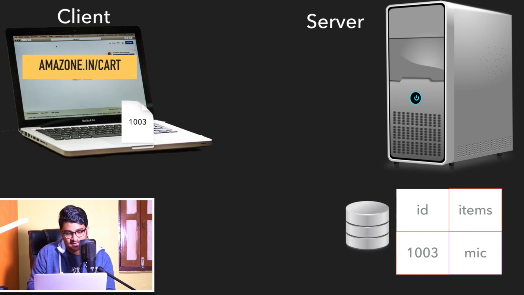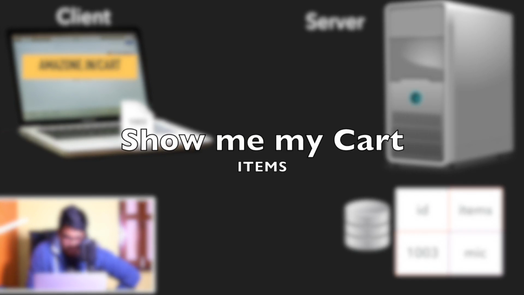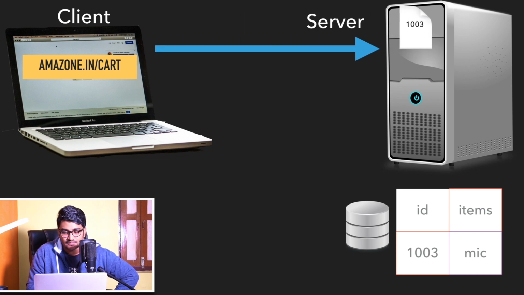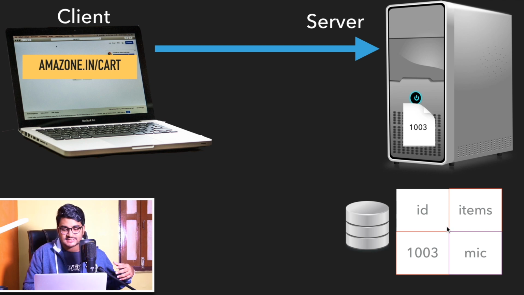Now when I send another request to the server, this particular cookie, let's say I want to hit another URL, amazon.in/cart, will also go to the server, and the server will find the item from the storage. The server will see that this is a user who has already visited my site because he already has a cookie, and the ID number mentioned with his cookie is 1003.